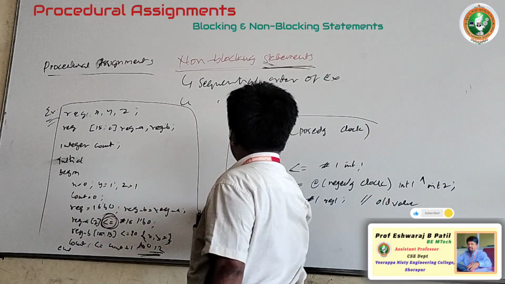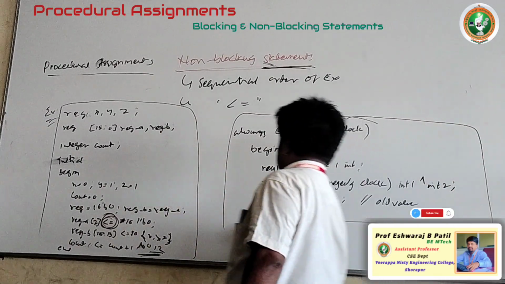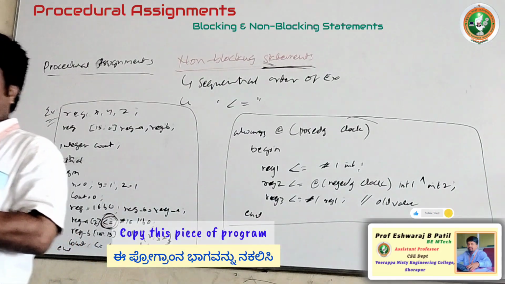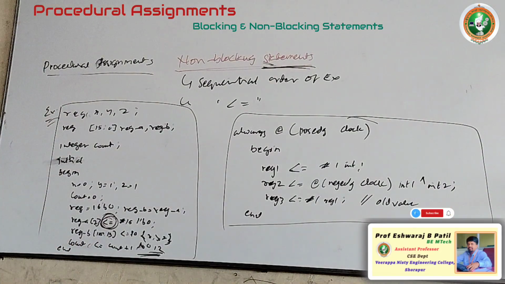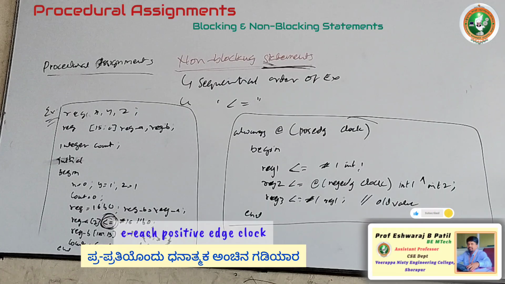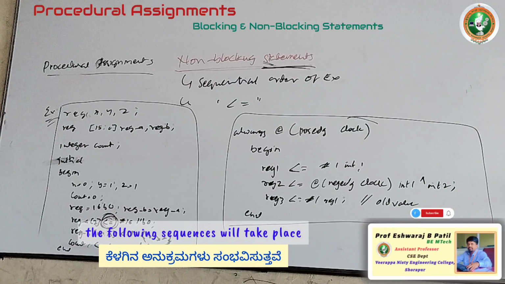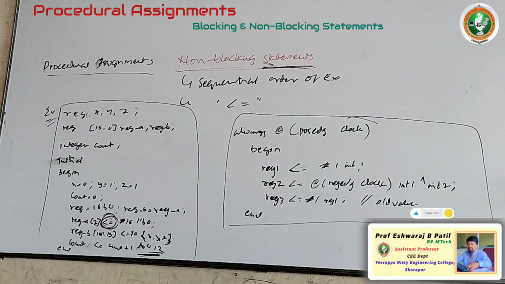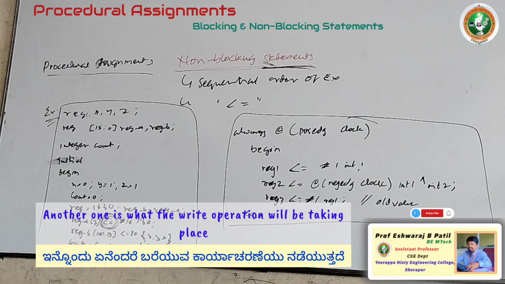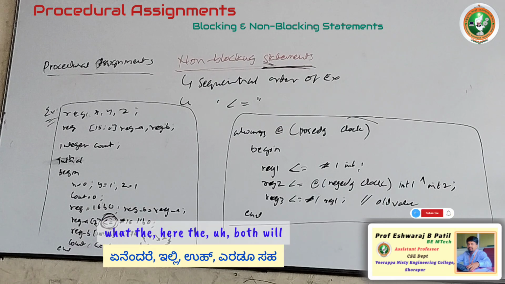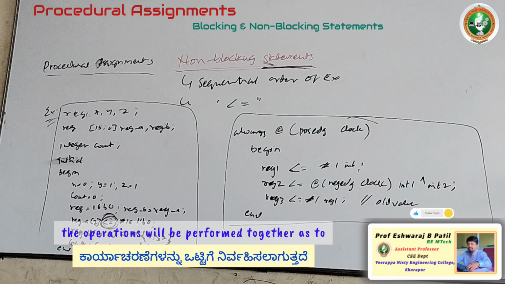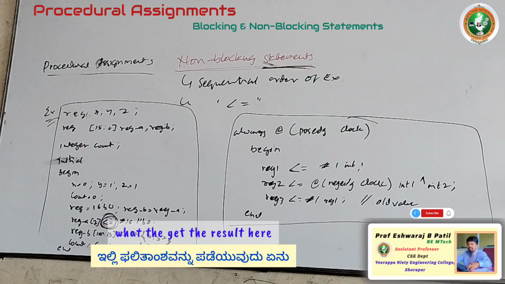Copy this piece of program. Here at each positive edge clock the following sequence will take place. One is the read operation, another is the write operation, and the third is where both operations are performed together to get the result.